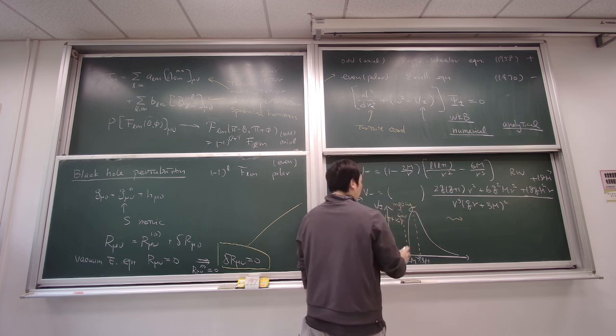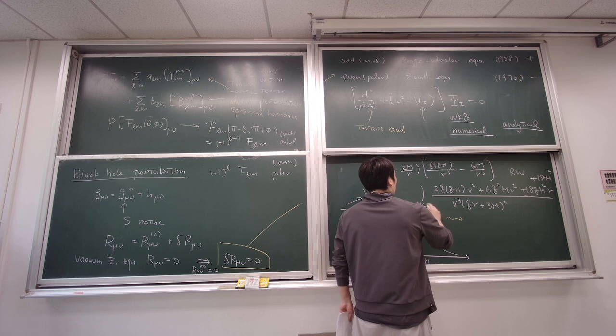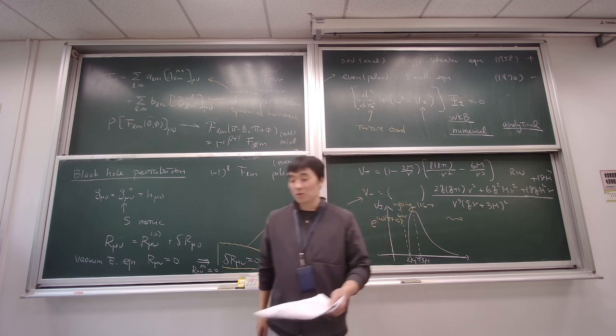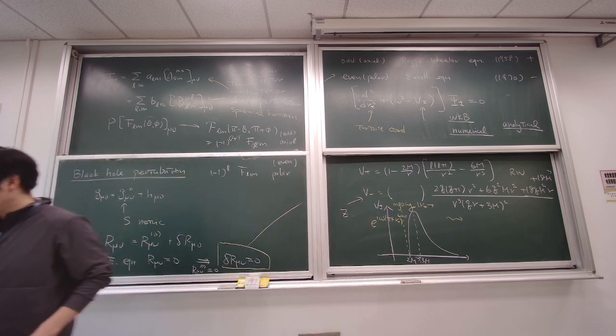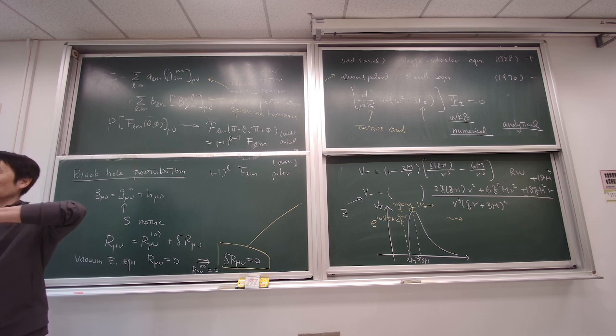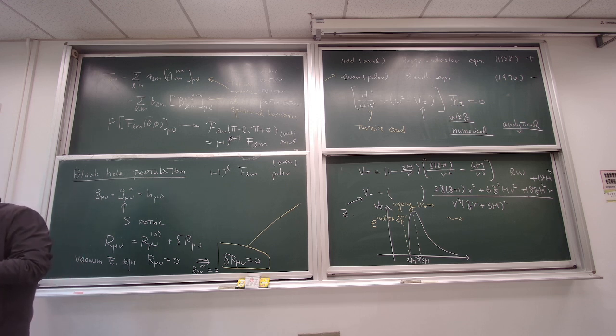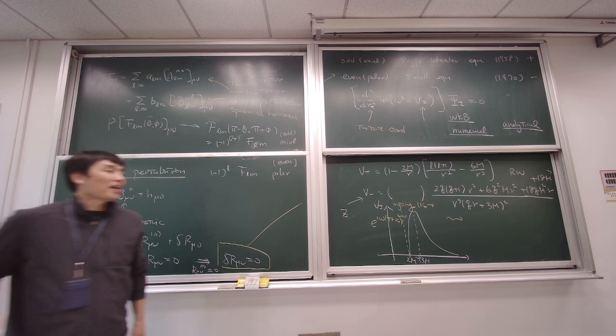at horizon. The horizon is where r star goes to... So at the horizon, what is the value of the tortoise coordinate? Minus infinity.